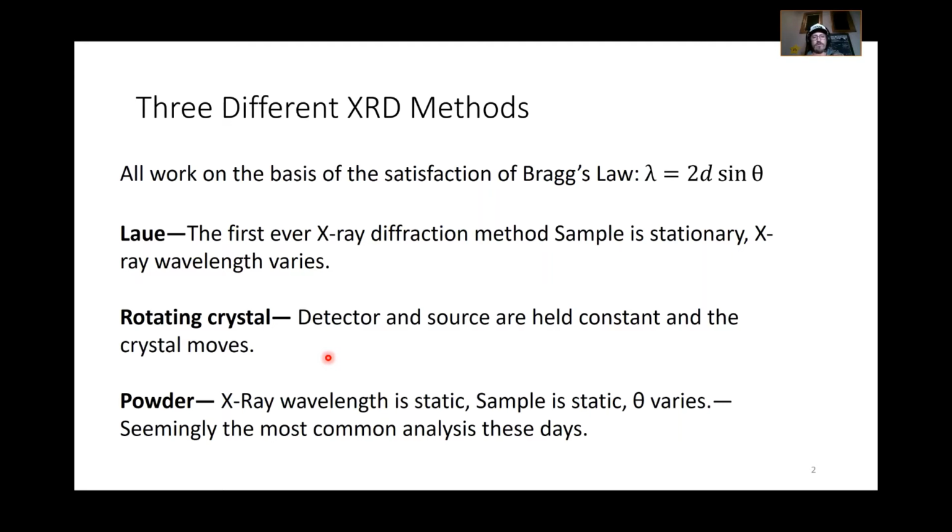The X-ray wavelength is static, the sample is static, and theta varies. Powder X-ray diffraction seems the most common analysis, although there are several Laue single crystal diffractometers, even one on campus, so I should be careful with that statement. But I do feel powder X-ray diffraction is the most common.